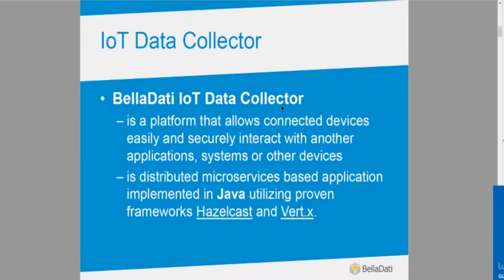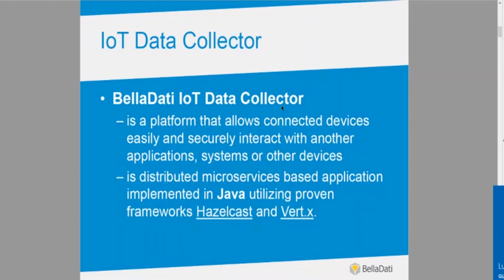This platform utilizes two main frameworks: one is Hazelcast, for building distributed grid-based computations and applications, and the other is Vert.x, which is again a microservices-based framework. All the services provided by the collector are built on top of these two frameworks.